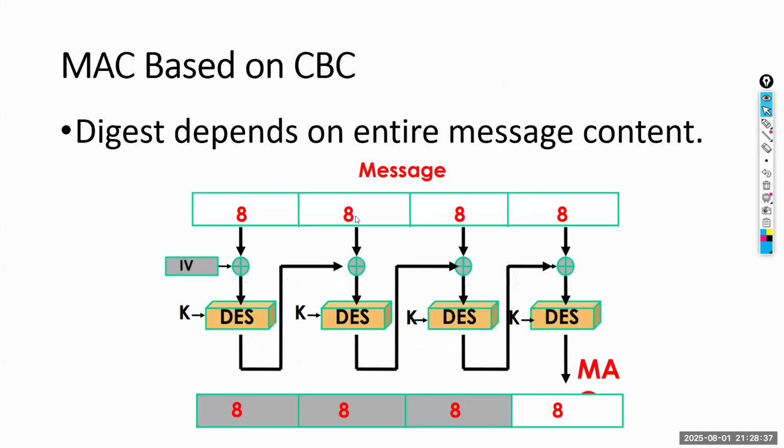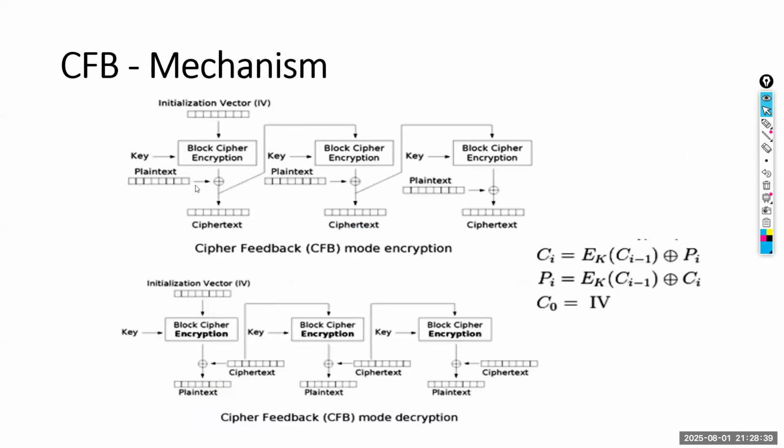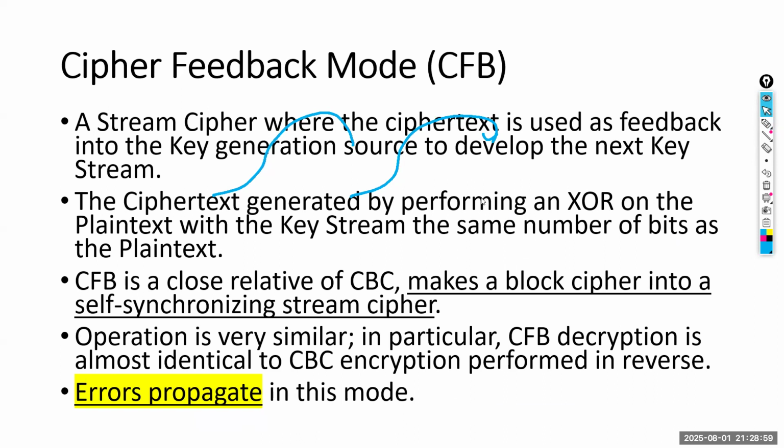It's again a chain, right? So you can see this ciphertext is the input to the next encryption. Therefore, the advantage of the previous mode is still here. But at the same time, there's another advantage when you go for CFB. That is, it makes your block cipher into a self-synchronizing stream cipher.